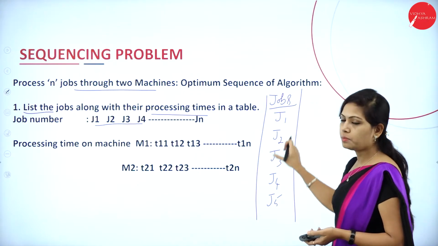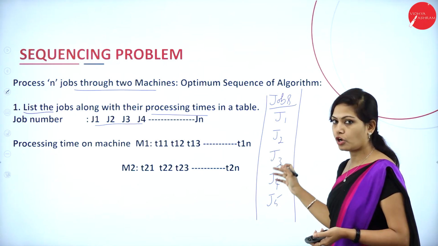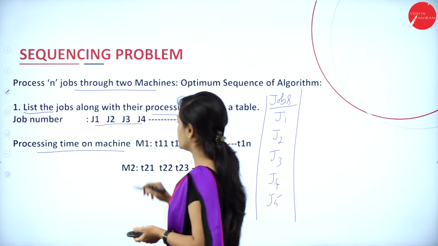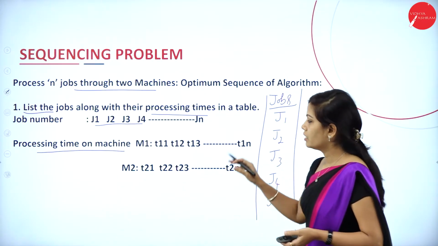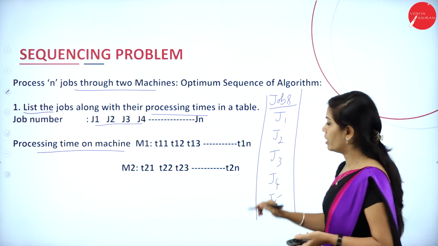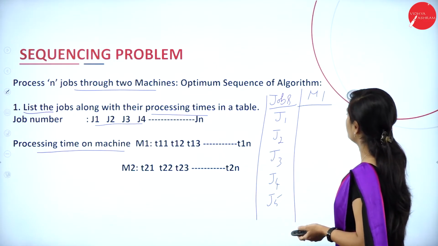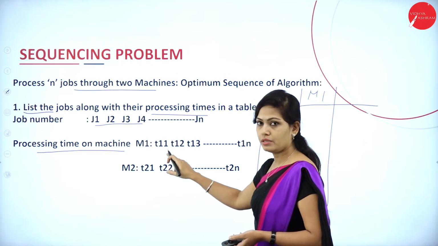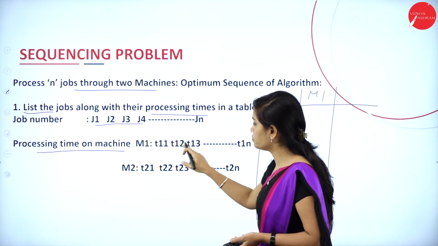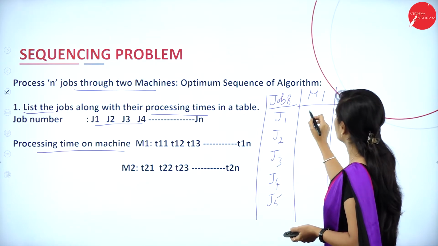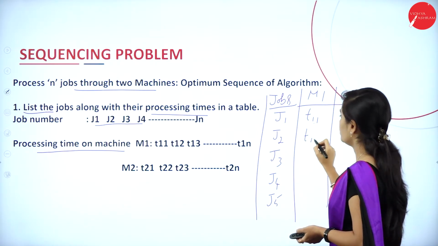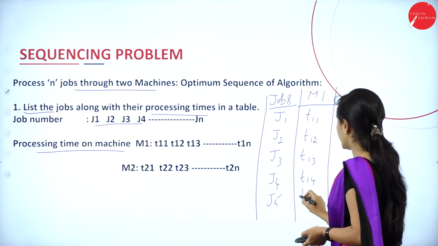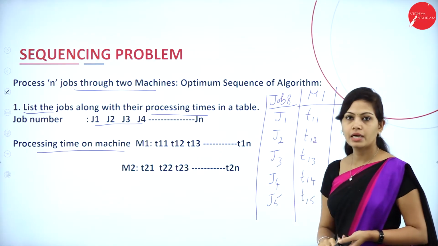So n number of jobs you will get, and the processing time on machine M1. For machine 1, the processing times will be T11, T12, T13, T14 and T15, clear?